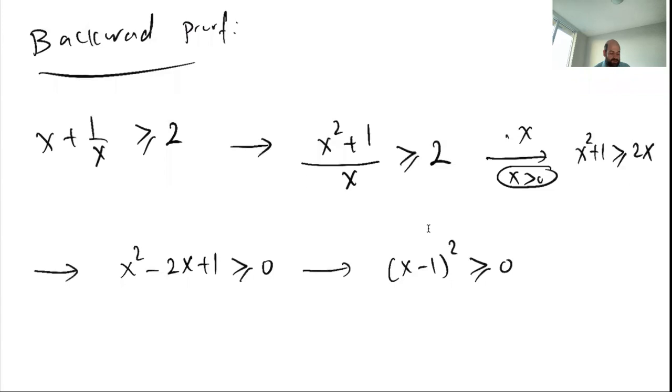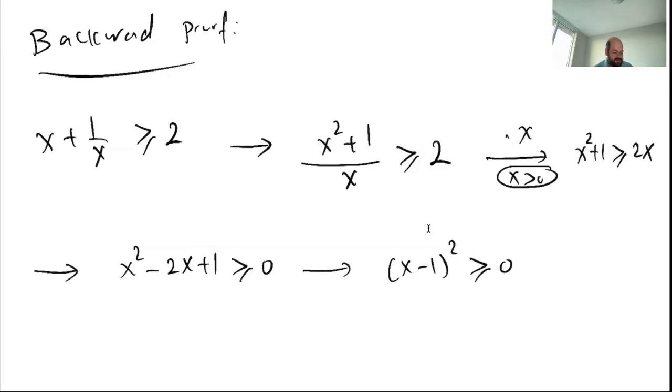So remember, I started with my goal, what I want to show, and I reached a statement that I already know is true. I know that (x minus 1) squared bigger than or equal to 0 is true, right? Because any number squared is always non-negative.